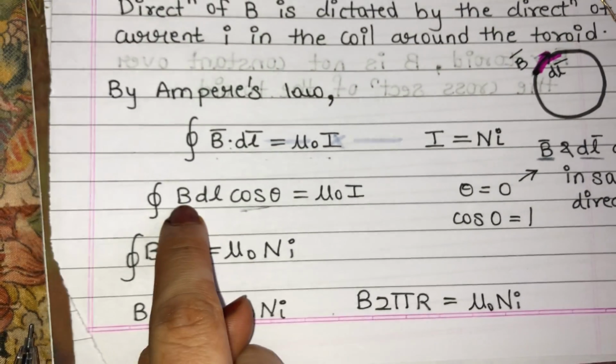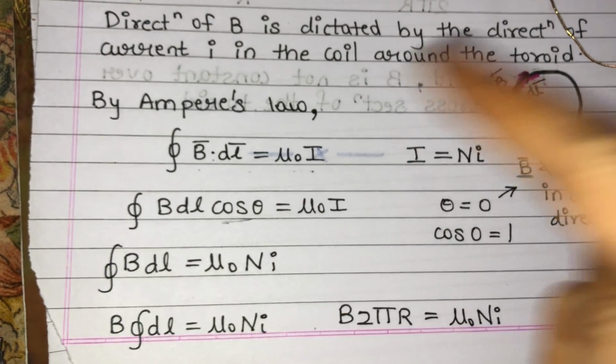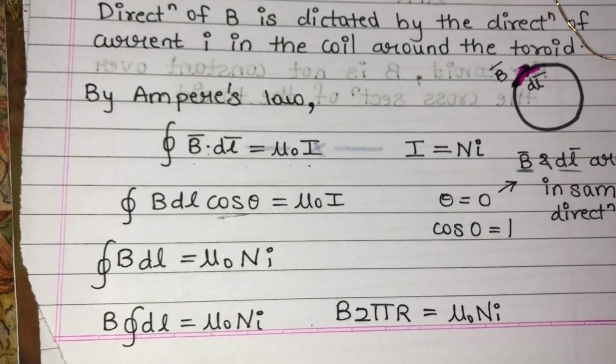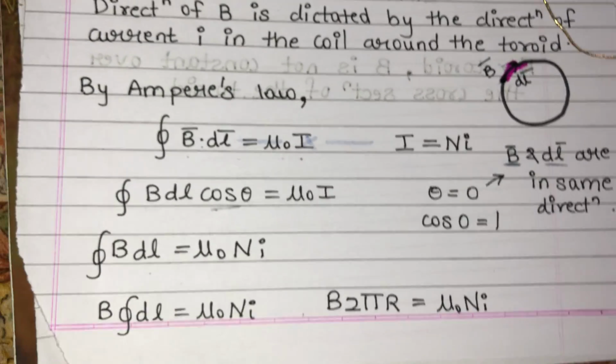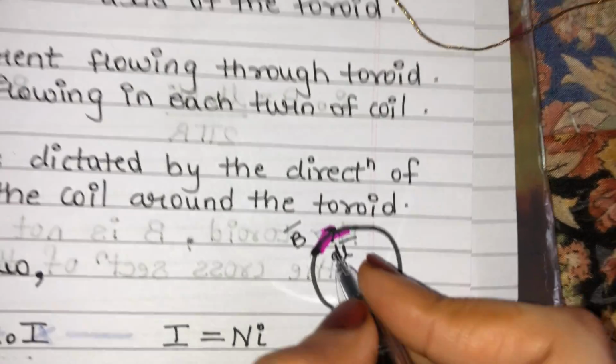Now, B is uniform inside the toroid. No, here B is not uniform. Yes, of course, B is uniform on this Amperian loop. Why is B uniform on this Amperian loop?